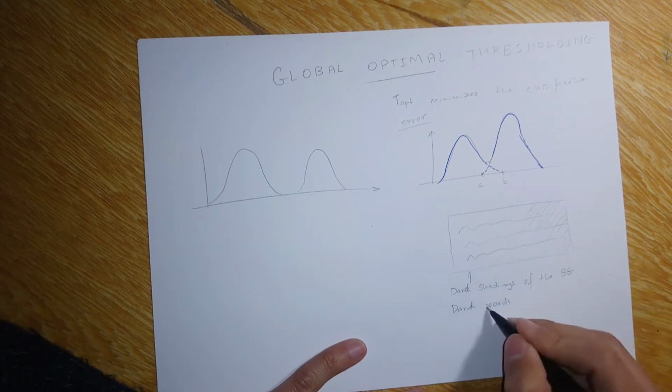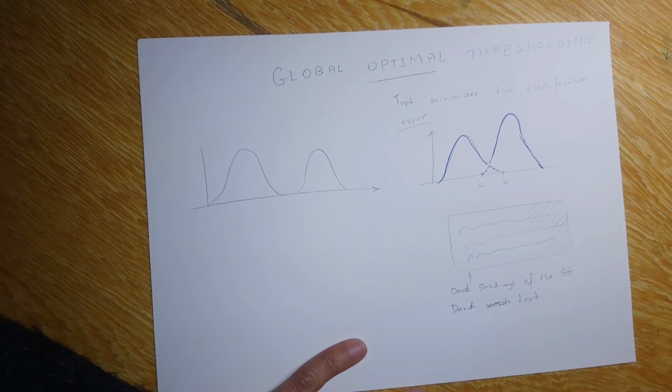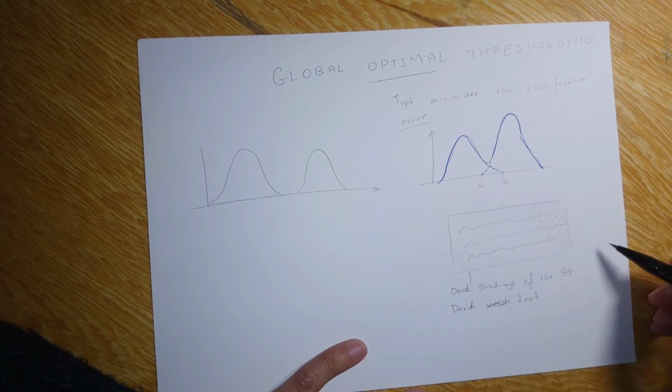This text is also a dark color. So because of the uneven illumination, we get overlapping histograms.